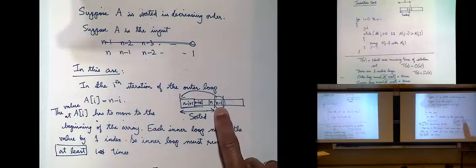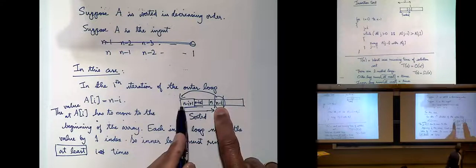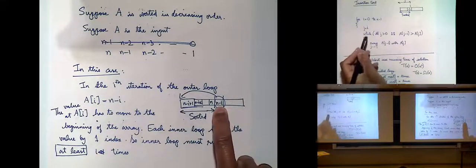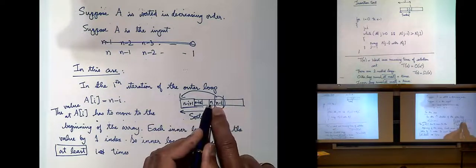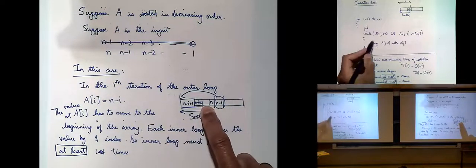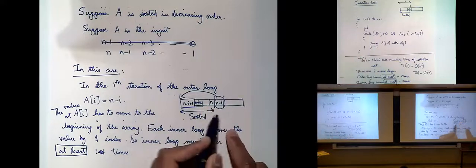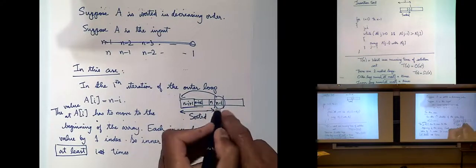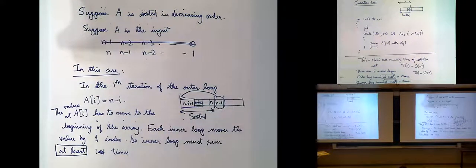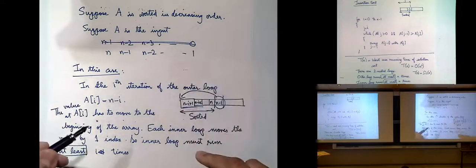No, so this element has to move all the way to the beginning in that inner loop. At each step, it's going to move by 1, which means that inner loop, whatever that loop is, has to run at least i times to move the element n minus i all the way to the beginning. Sort of, kind of. So the inner loop must run at least i times for this input.